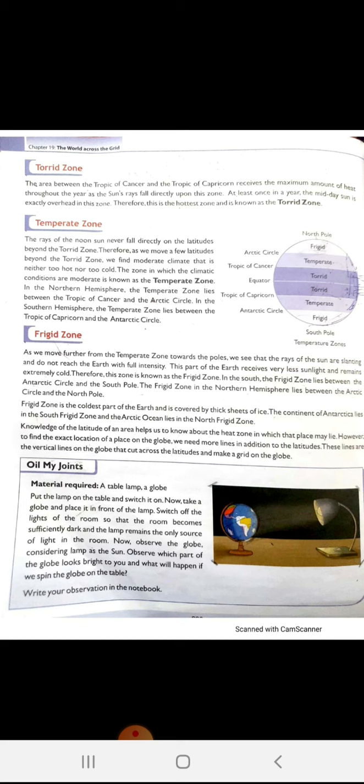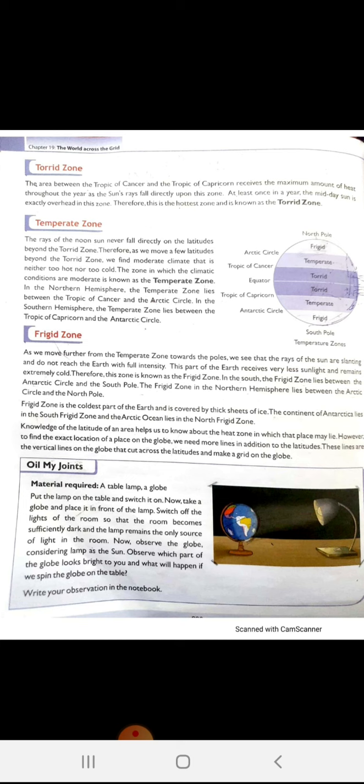In the torrid zone, sun rays come directly. At least once in a year, the midday sun is exactly overhead in this zone.